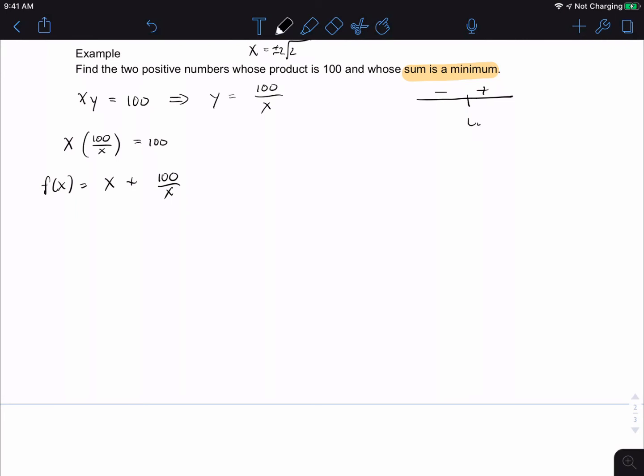That is what will make a local min. Okay, so then when we take the derivative of this thing, I'm going to get 1 minus 100 over x squared. That's the derivative. See if you can confirm that. Does anyone need me to show how I got this?